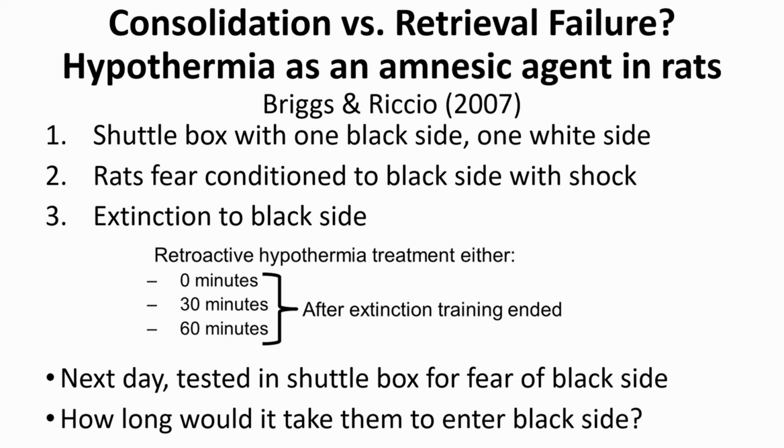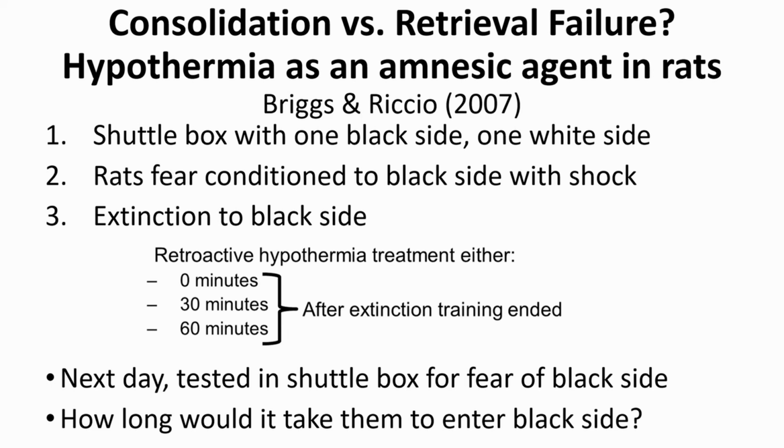So kind of on either side of our list of 3 events that are involved in memory, our acquisition, storage, and then retrieval. So consolidation would be more on the acquisition side of things, and retrieval is on the retrieval side of things.